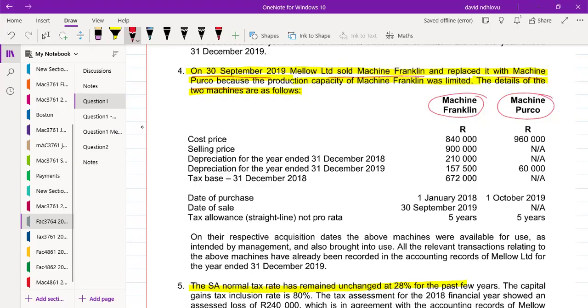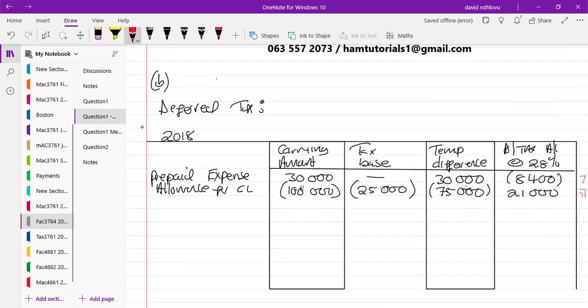So at the end of the year 2018, we did have machine Franklin, but we did not have machine Puco, because machine Puco was a replacement for machine Franklin, and the replacement is in 2019. But we do have machinery in both instances.